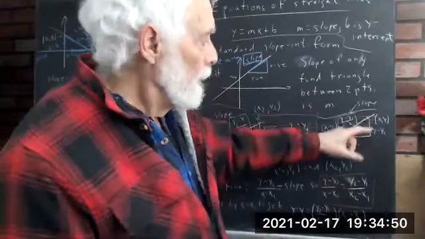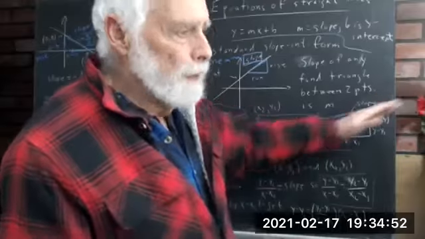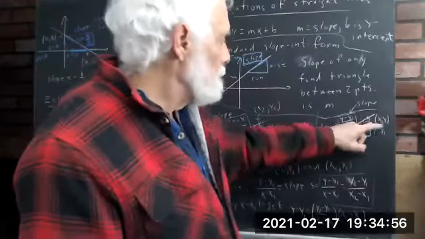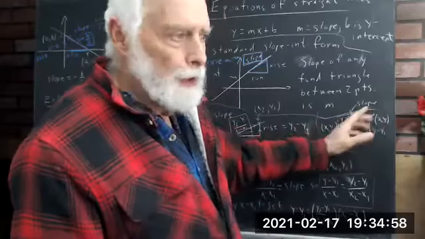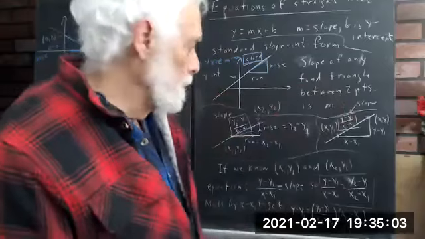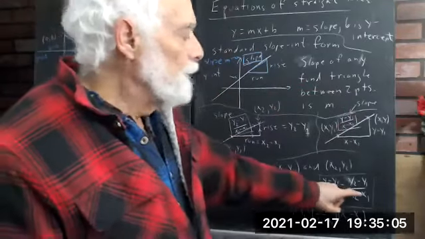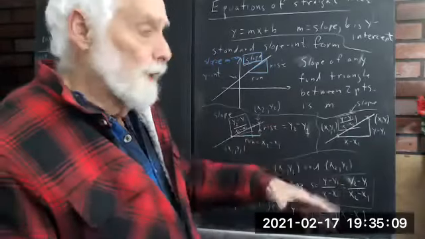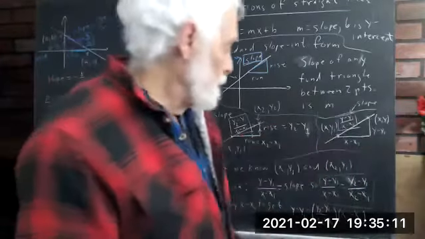Remember, this could represent any point at all on the graph. So the slope expressed in terms of x1, y1, and the arbitrary point xy is y minus y1 over x minus x1. We set these two expressions for the slope equal, because the slope has to be the same between any 2 points.